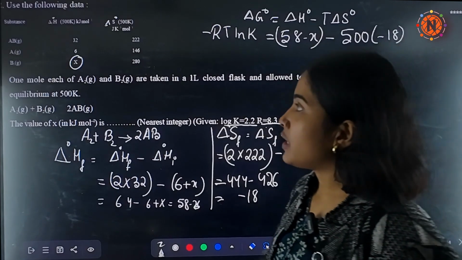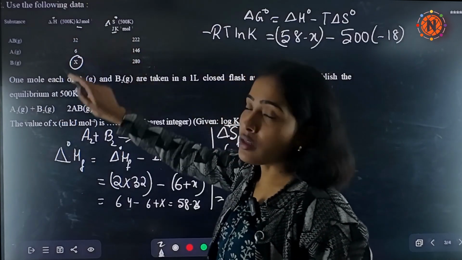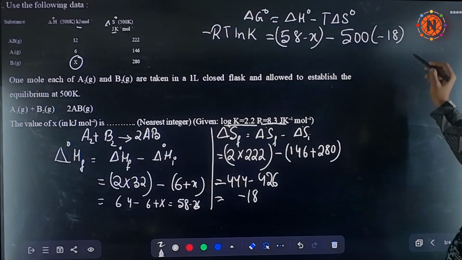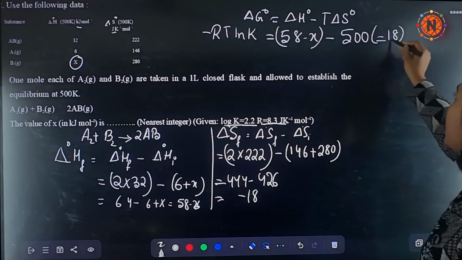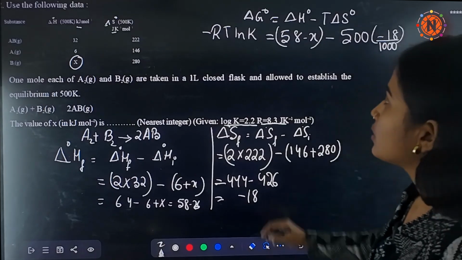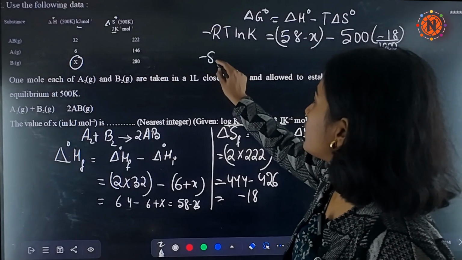If you see properly, the enthalpy was given in kilojoule and entropy is given in joule. So let's convert it into kilojoule. For conversion, we will write it by dividing it with 1000. Here R value is given in joule, so let us convert it also.